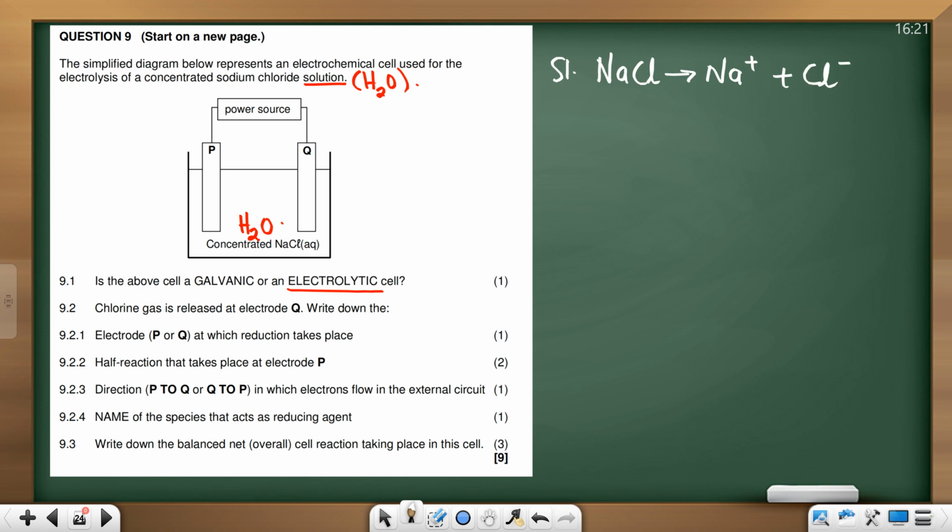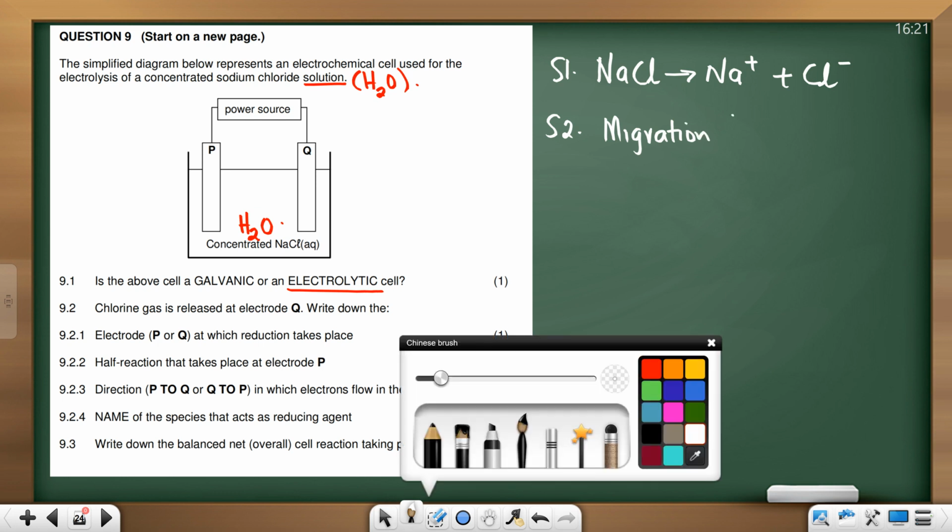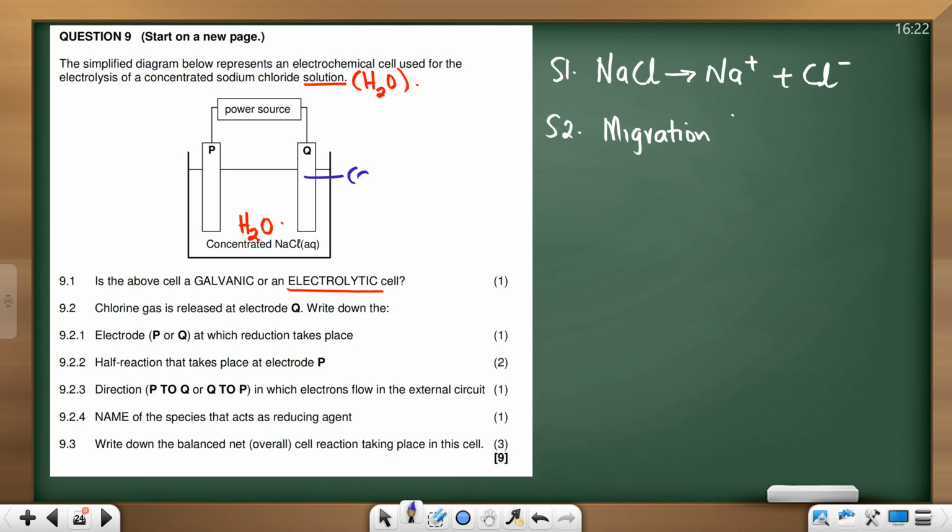That's our step 1. What is our step 2? Migration. Okay, let's go check. By the way, in this cell, we use carbon as our electrode. You will see they would say carbon or graphite. In both of them, carbon.